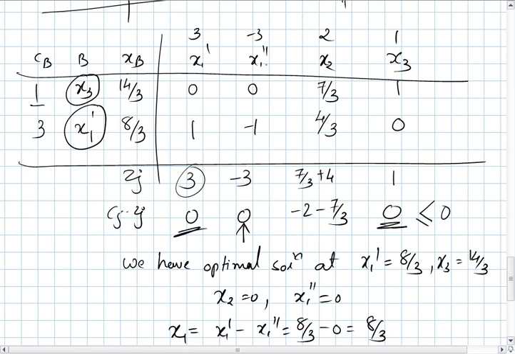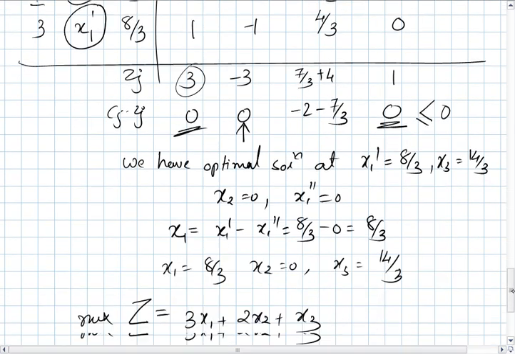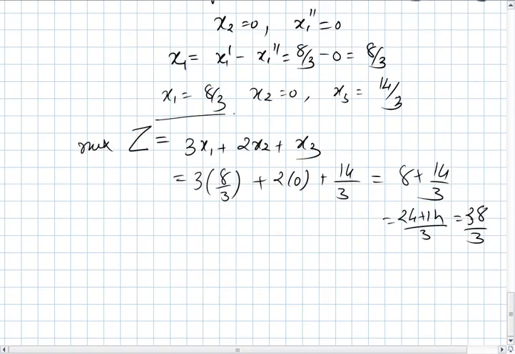So here you can insert x1 double dash in the basis, but in that case also you will get the same solution. Means as a solution you will reach at x1's value is 8 by 3 and x3's value is 14 by 3. Okay, so this is the solution to the given linear programming problem. So this is your optimal solution to the given linear programming problem.